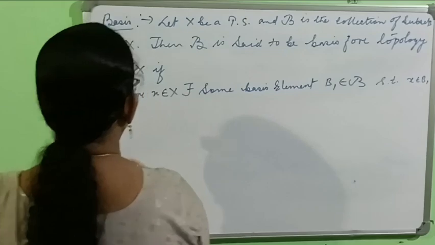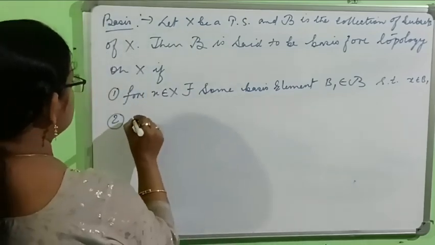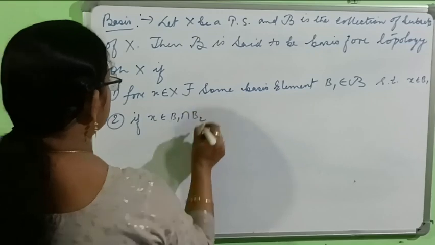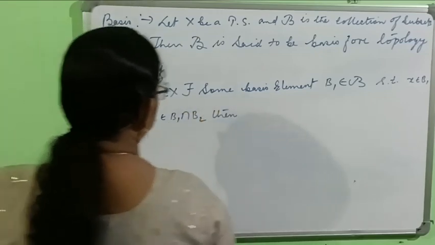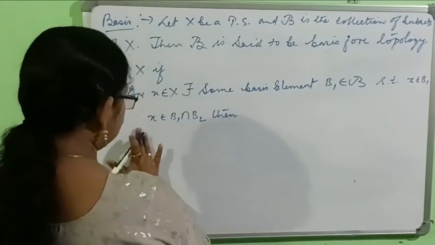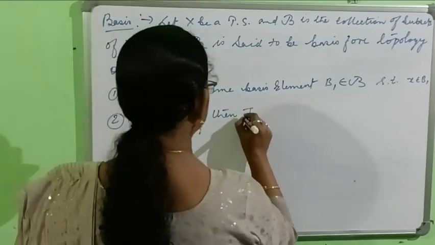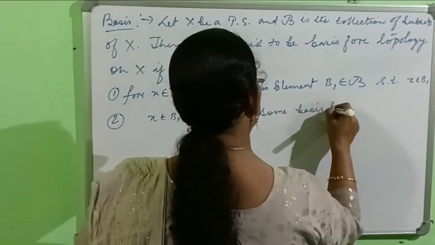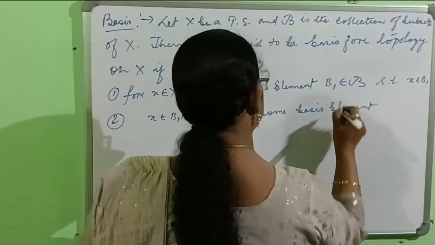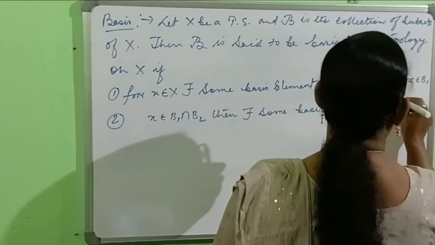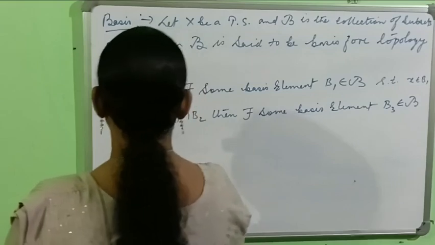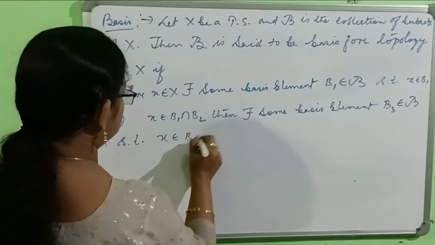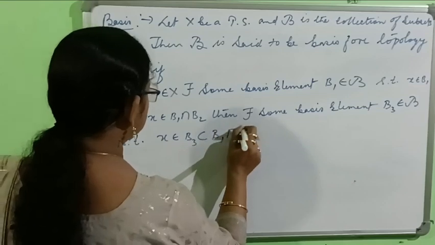Number 2, if x belongs to B1 intersection B2, then there exists some basis element B3 belonging to B such that x belongs to B3 and B3 is contained in B1 intersection B2.